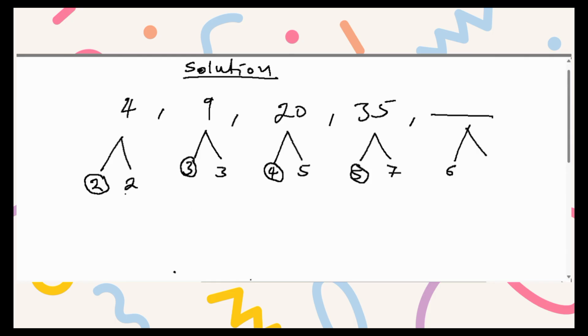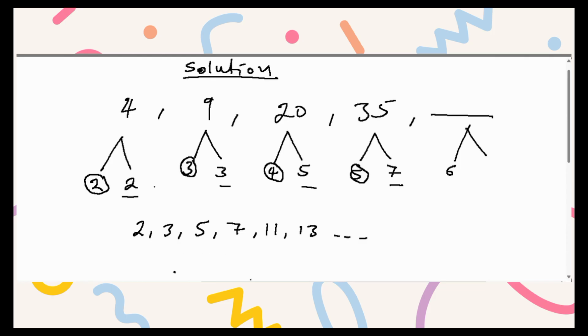Now let us look at the second branch. We have 2, 3, 5, 7. When you have 2, 3, 5, 7, what comes into your mind? Prime numbers, right? The next ones are 11, 13, and so forth.